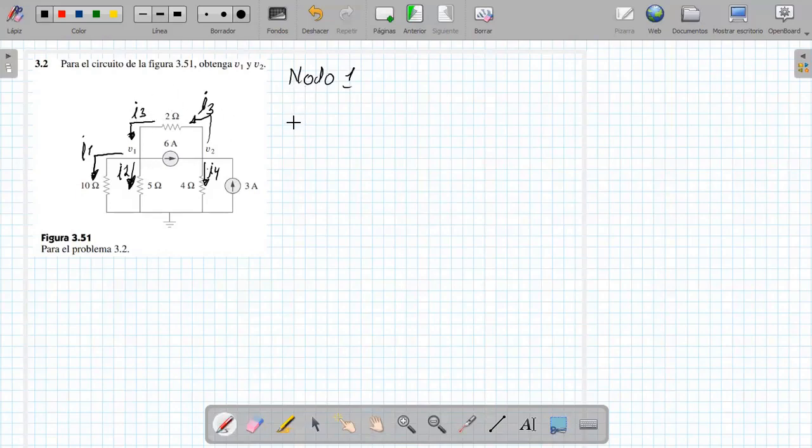I'm going to put all the currents that come in: I3 is going to be equal to all the currents that come out. The current I1 comes out, plus the current I2 comes out. Ready, at that point, 1, 2, 3, 4.